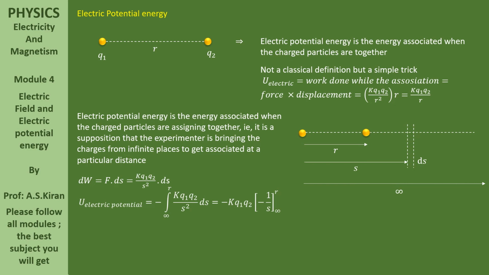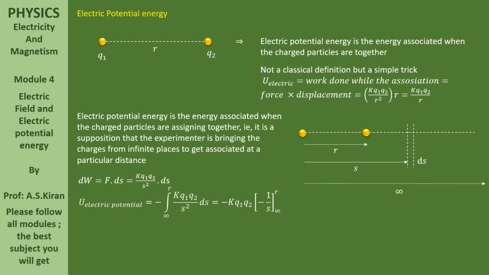Electric potential energy is equal to minus of, very simple, F is kq1q2 by s square. For the random displacement s, we are applying the force formula according to Coulomb's law.